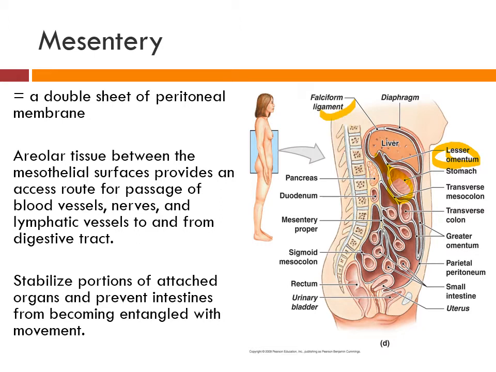And then the second part is the falciform ligament, and that stabilizes the position of the liver. So the ventral mesentery disappears except for the lesser omentum and the falciform ligament.